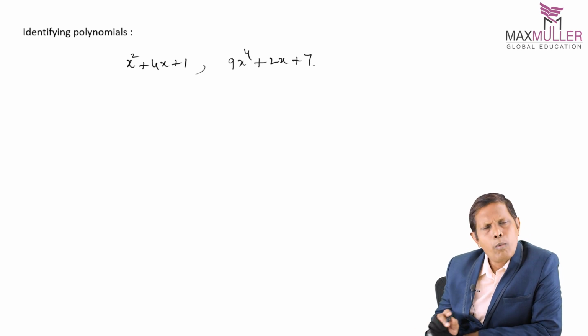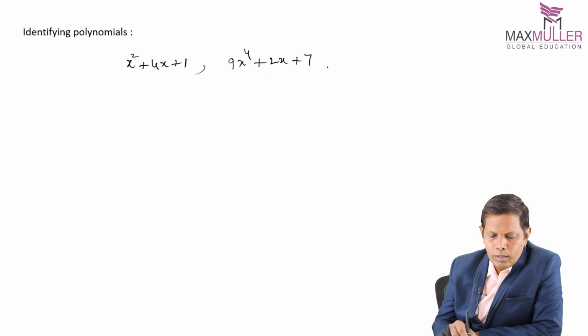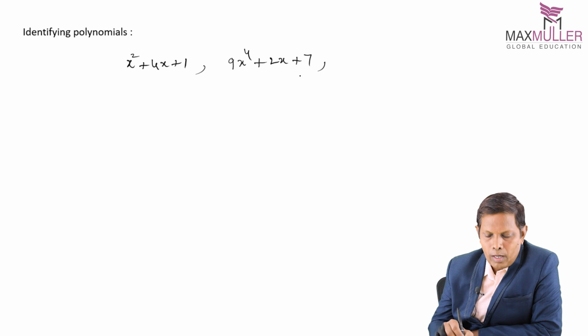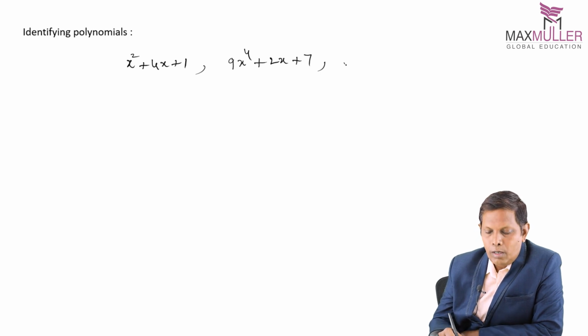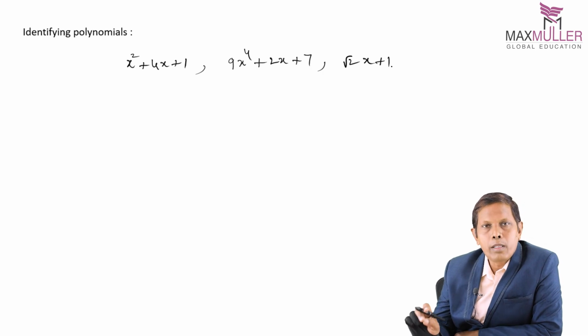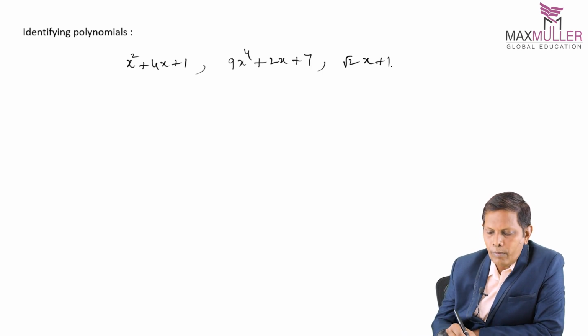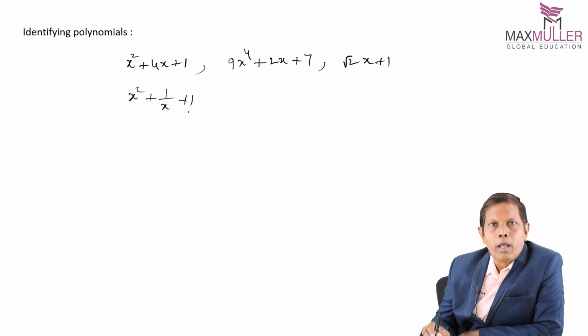Whatever you take, you only have to identify the index. Third one I am taking as root 2x plus 1. And the fourth one is x square plus 1 by x plus 1.